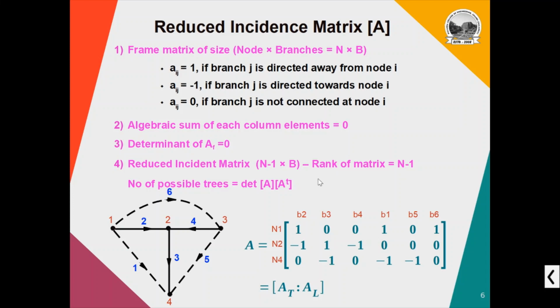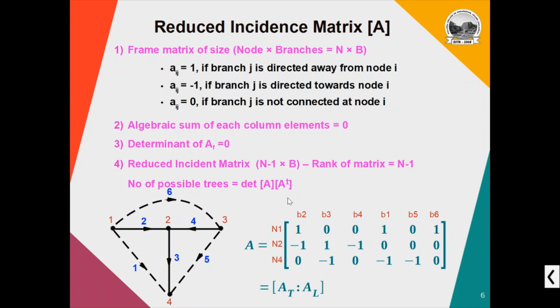Okay, I told you in the first slide that we can have any number of possible trees. I told you in the beginning the number of possible trees we can draw for given nodes. To determine how many trees can be drawn with the given nodes, it can be found with this formula: determinant of A multiplied by A transpose. You take the matrix A, next you multiply with A transpose.